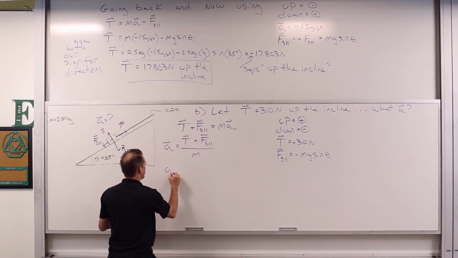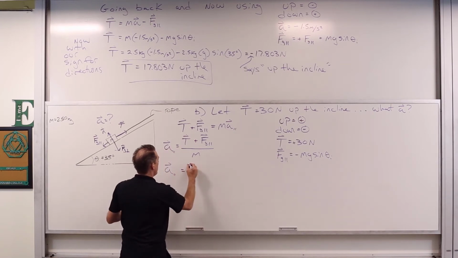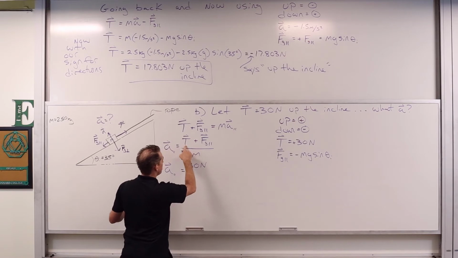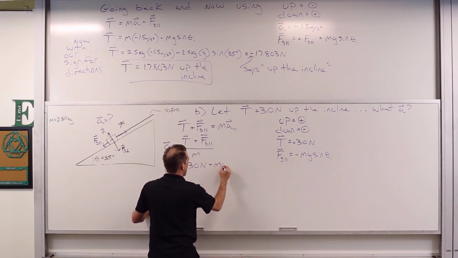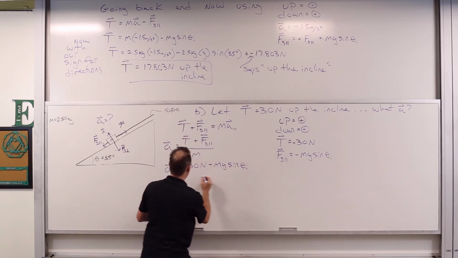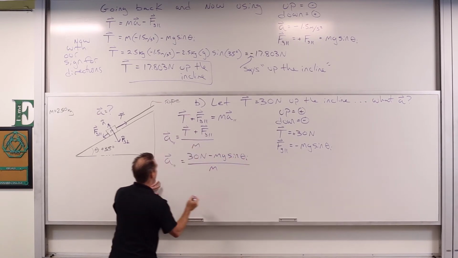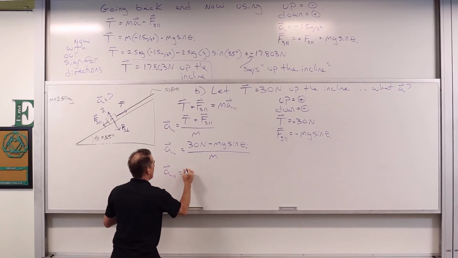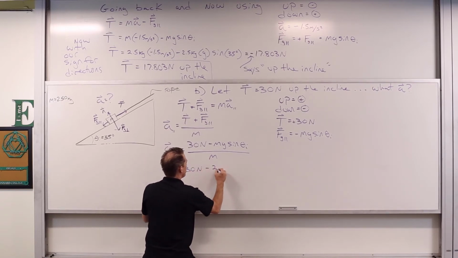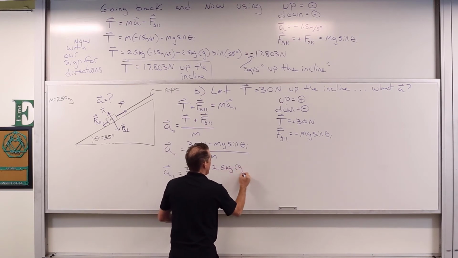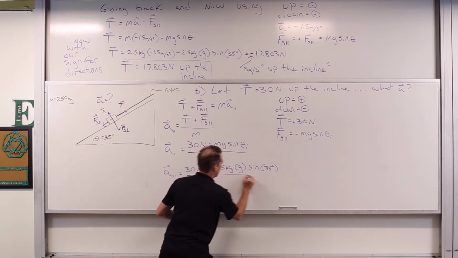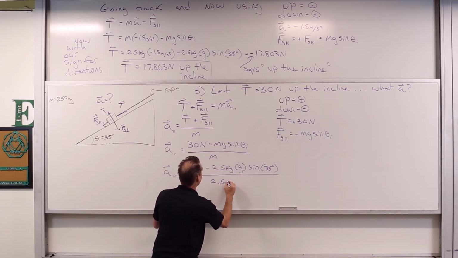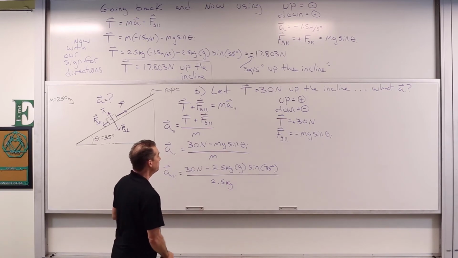And then in our sign conventions, A parallel hat is equal to 30 newtons plus negative mg sine theta, so minus mg times the sine of theta sub I, divided by the mass m, which gives us A parallel hat is then equal to 30 newtons minus 2.5 kilograms times g times the sine of 35 degrees, divided by 2.5 kilograms.